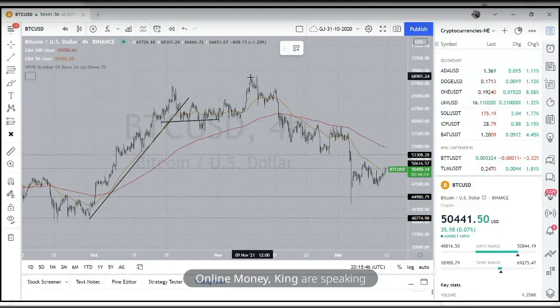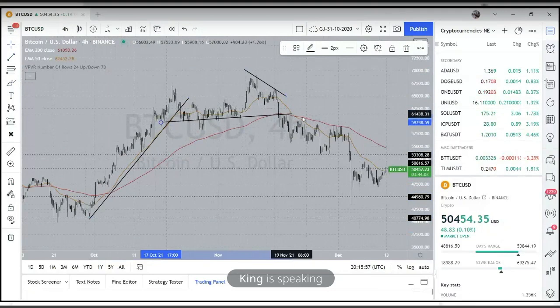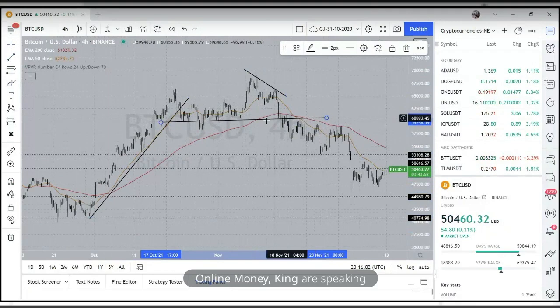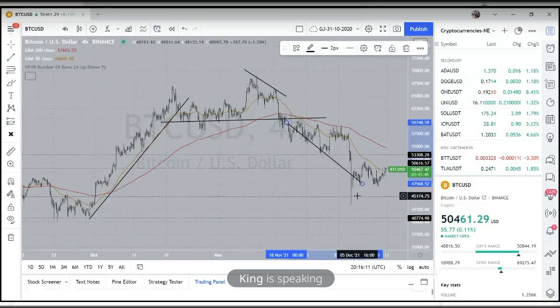Once you get the swing failure here, and then a return to this level or another break of this level, you can start thinking about going short on a retest of this level. And then you've got that move there. That's a longer-term move, a trade you're waiting for from, let's say, the 28th of October to the 16th of November.